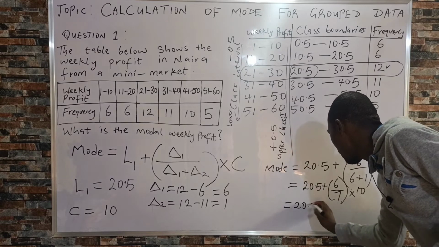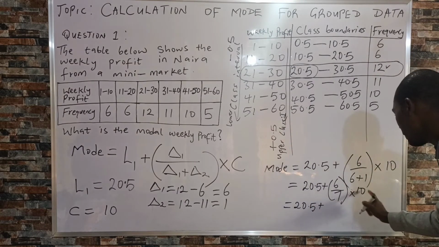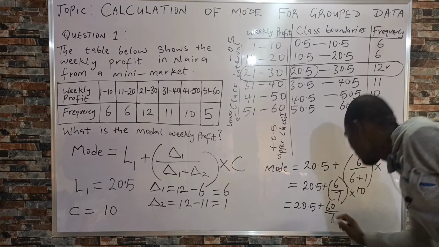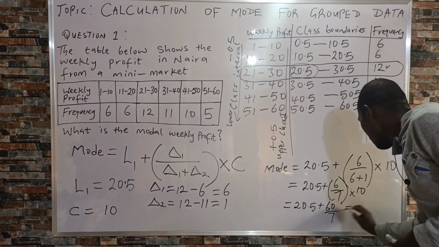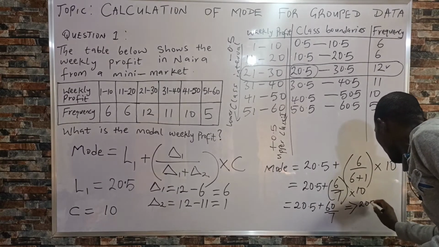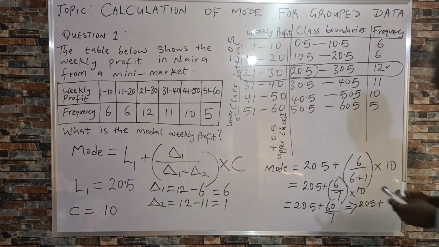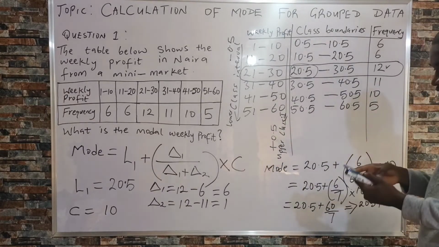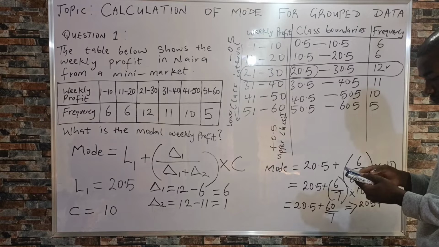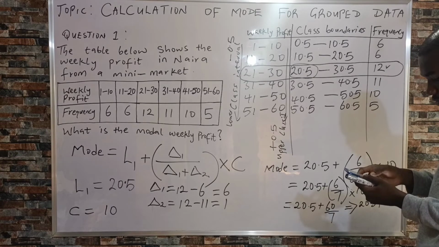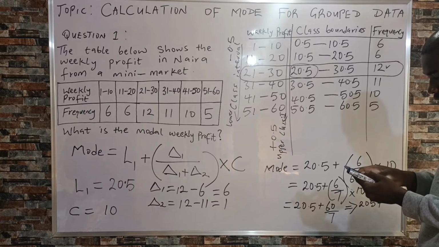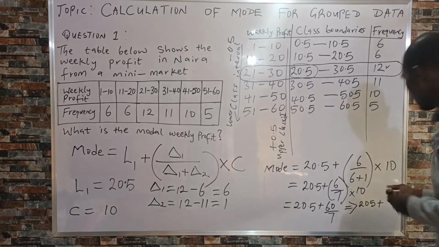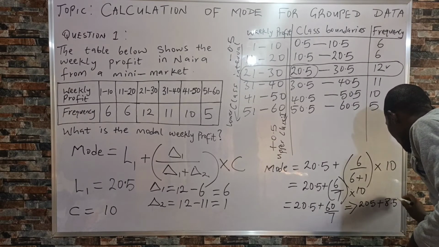So here we have 20.5 plus 6 multiplied by 10, which will give us 60. So we have 60 all over 7. This implies 20.5 plus when we divide 60 by 7. So with your calculator, dividing 60 by 7, we have 8.57 approximately to two decimal places.